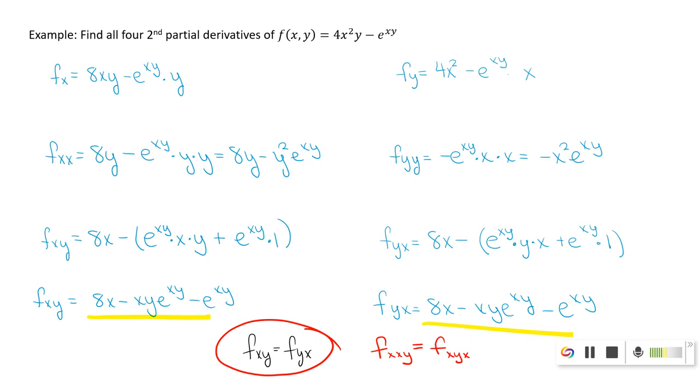So maybe you take the derivative with respect to x, and then y, and then x. You'll get the exact same thing. So the order that you do that differentiation in doesn't matter with these higher order partial derivatives. So that's nice. Had we known that, we could have saved a little bit of time, and technically only had to find three different derivatives.